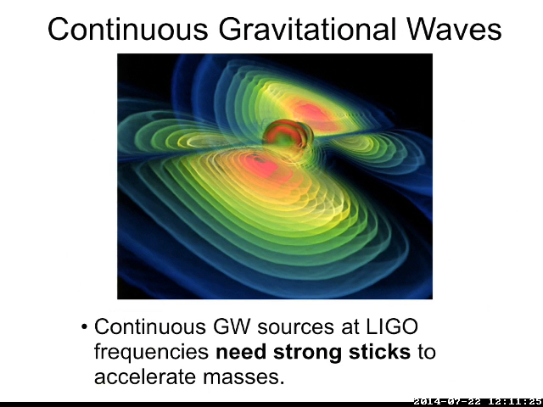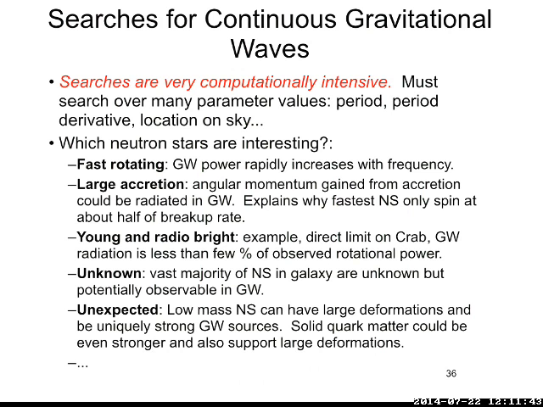In view of time, I just wanted to say a couple things about gravitational waves. I wanted to talk about searches for continuous gravitational waves rather than burst sources. These searches are computationally intensive.